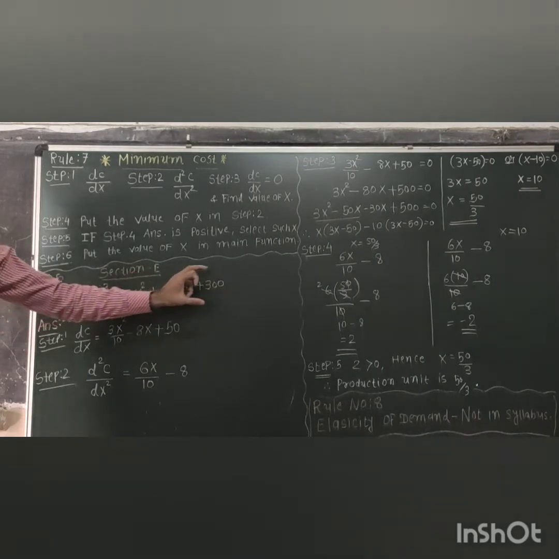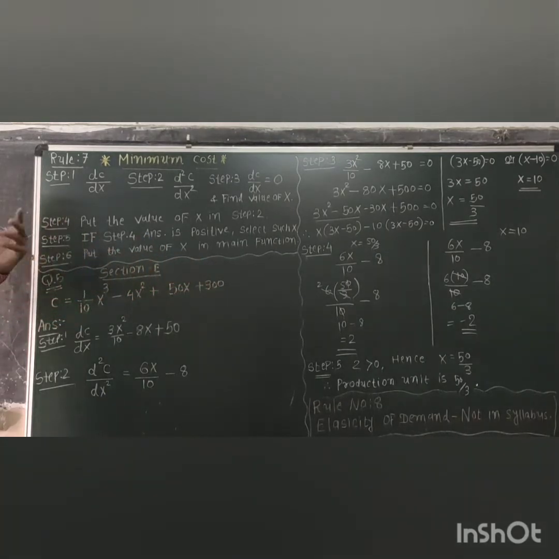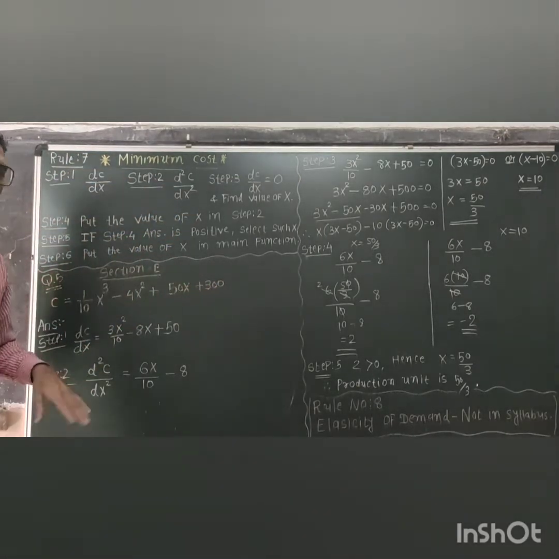Now this is the main function equation. How can we say that this is rule number 7? Because the function c denotes rule number 7. So now our task is to do all these steps and solve the entire sum.